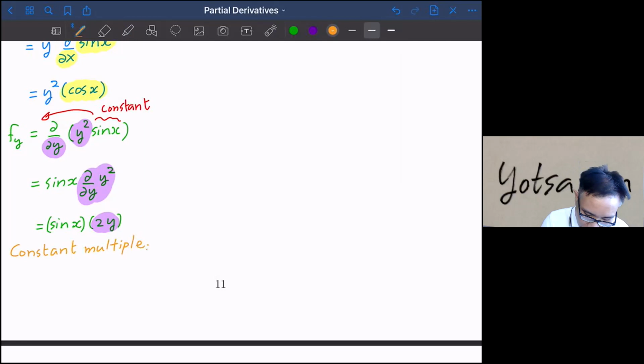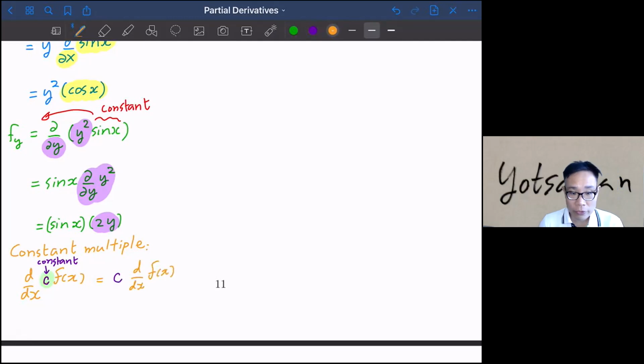When you want to find the derivative of a constant c multiplied by f(x), where c is a constant, it is equal to the constant times d/dx of f(x).